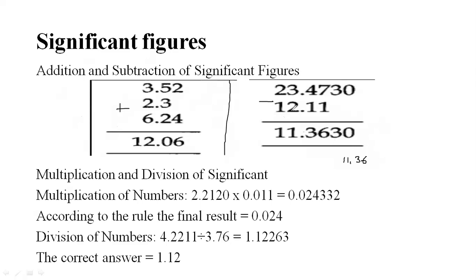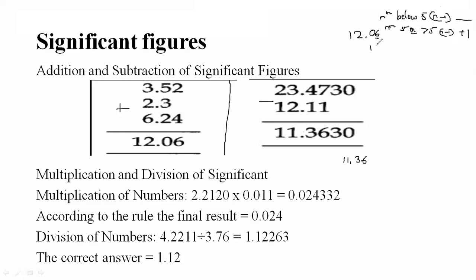When we speak about rounding off after the decimal point, suppose I have got 12.06. If you want to round off the last number, if it is below 5, then the n minus 1th number is kept as it is. If the nth number is 5 or more than 5, then the n minus 1th number should be increased by 1.